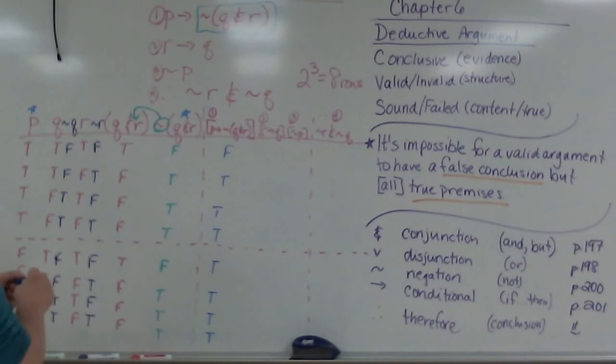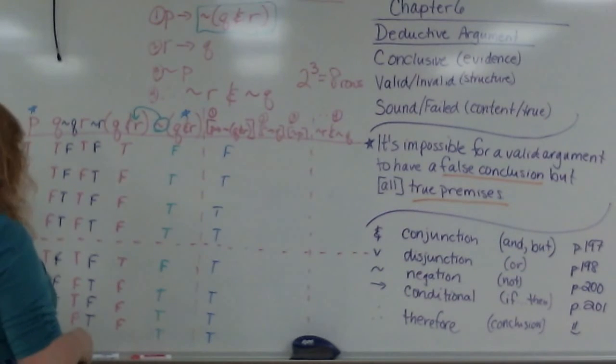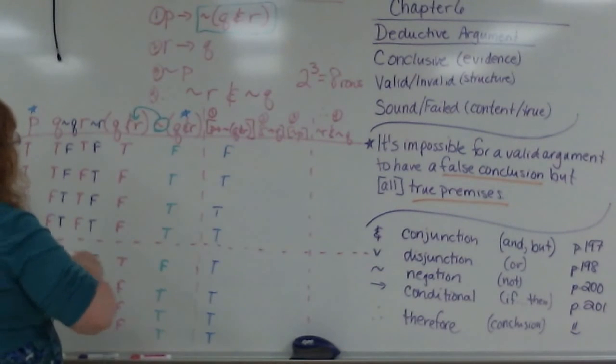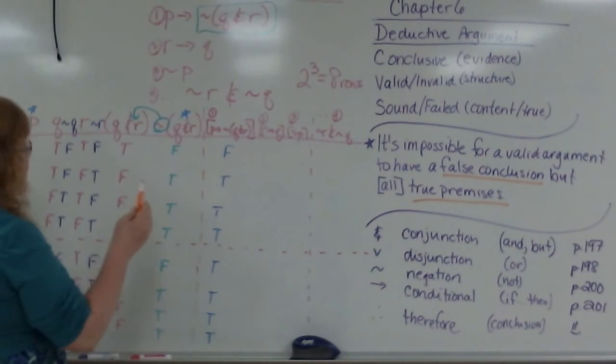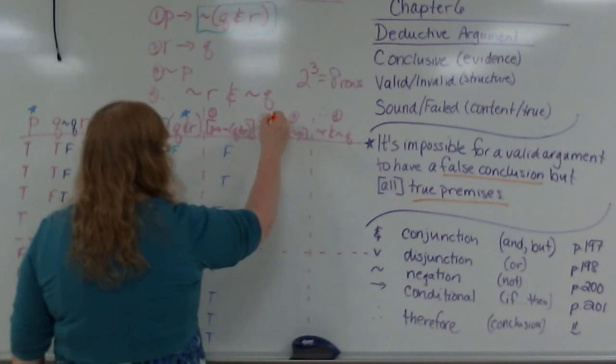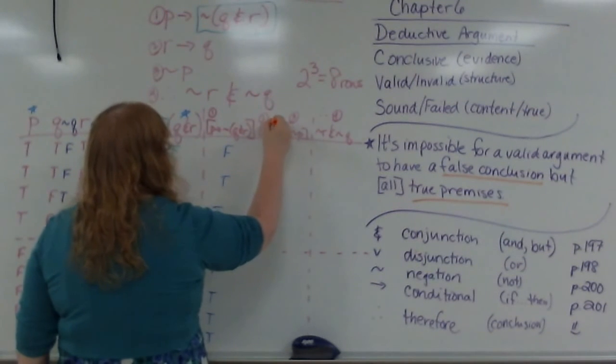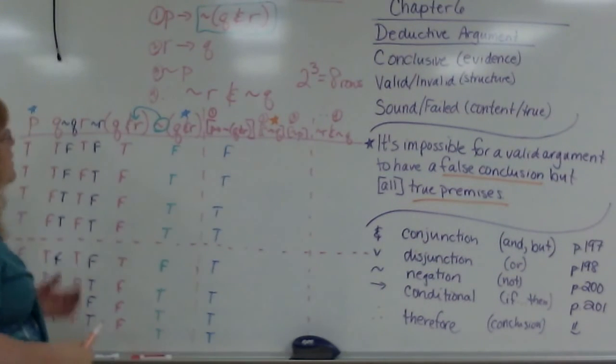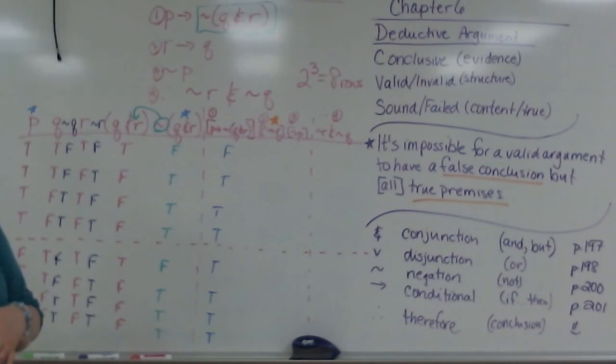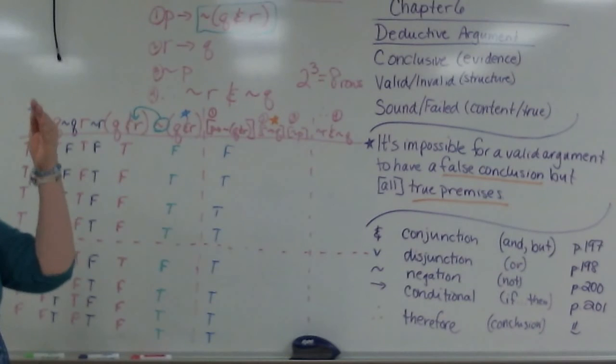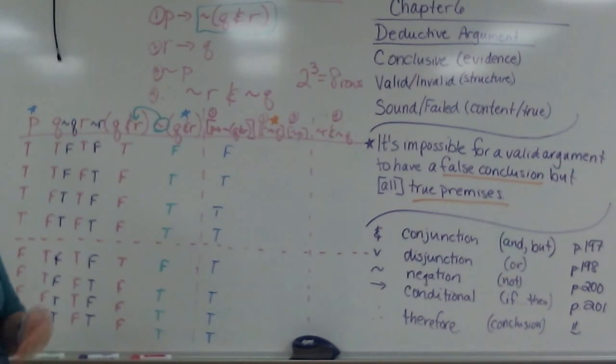Now, we have to do a little bit of satiating. Oh, let's see what color we can use here. Oh, let's use this one. So this time, it's going to be a little bit weird for us. Not that all these other ones haven't been weird, okay? But I want to do if R, then Q. The difficulty comes that our Q line, our Q column, comes before our R column.